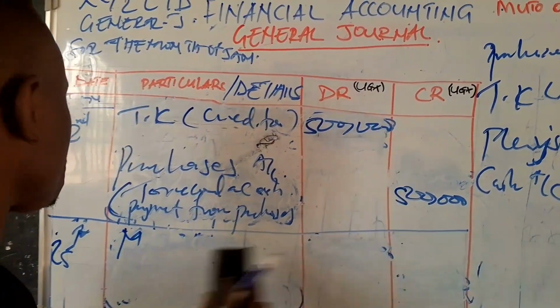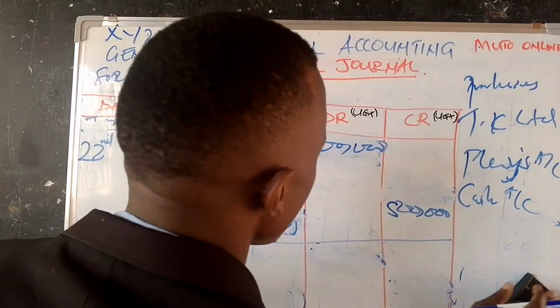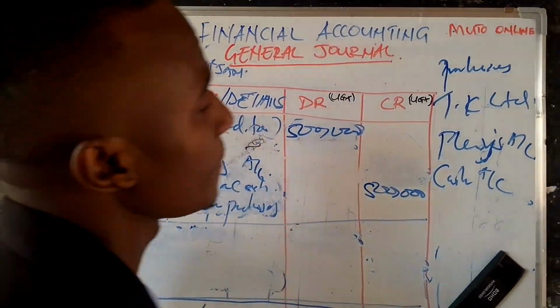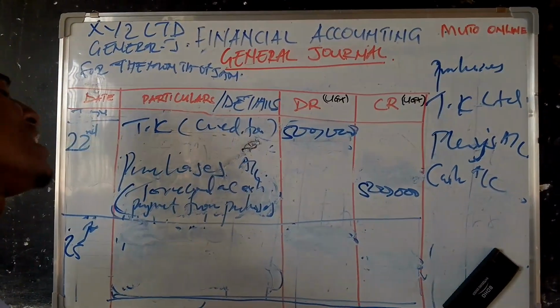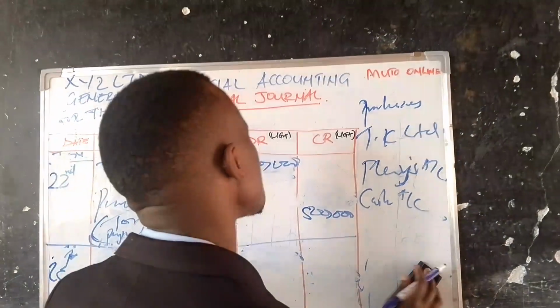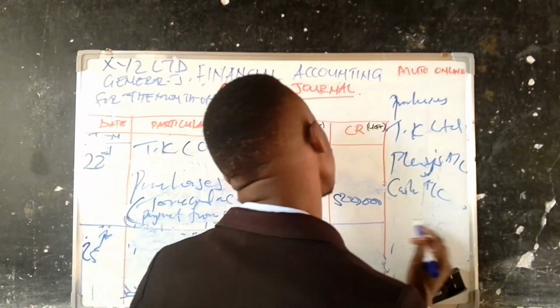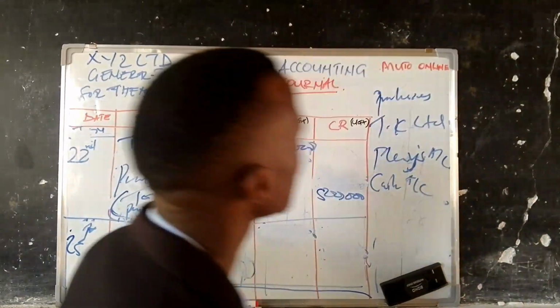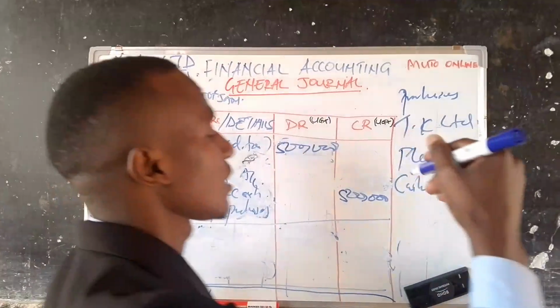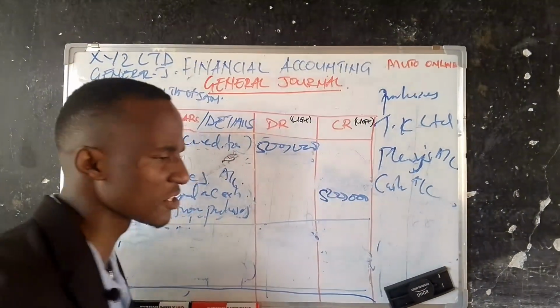Here, you must first understand which account is gaining and which is losing. Mary is paying to cash. Remember, in simple layman's language, the cash account is gaining from Mary, and Mary is losing to cash.